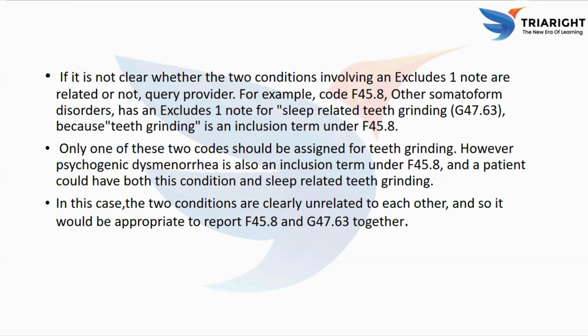So if the patient has teeth grinding, use only code either F45.8 or G47.63. They should not be coded both. Just use either one of the codes. Now if the patient has psychogenic dysmenorrhea, a different condition also under F45.8, and sleep related teeth grinding.